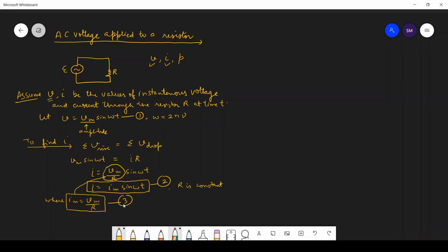Here we can see that current is maximum when voltage is maximum. So it means both reach the maximum at the same time, so they are in phase.